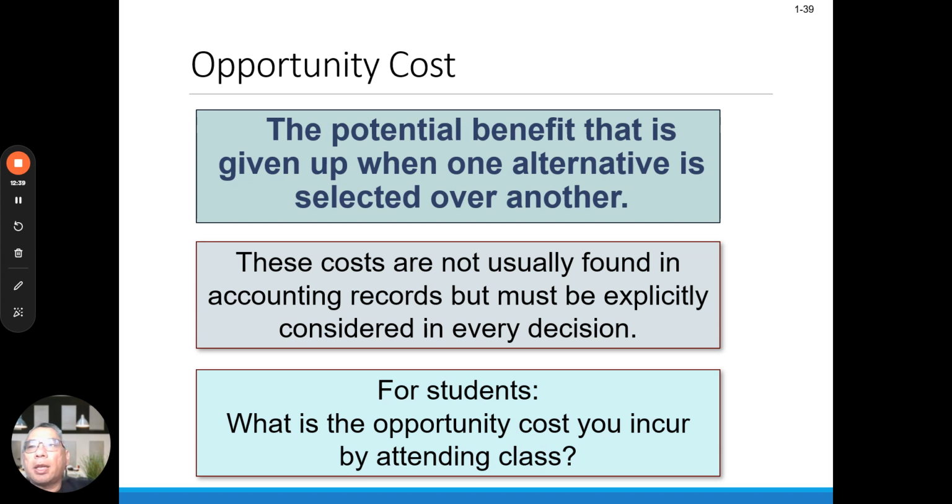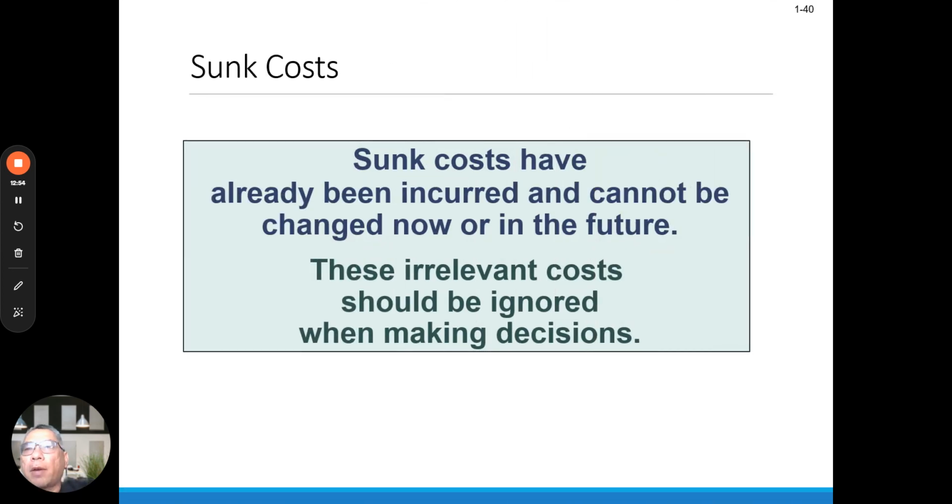These costs are not usually found in accounting records but must be explicitly considered in every decision. For students, what is the opportunity cost you incur by attending class? Some costs have already been incurred and cannot be changed now or in the future. These are sunk costs and should be ignored in making decisions.